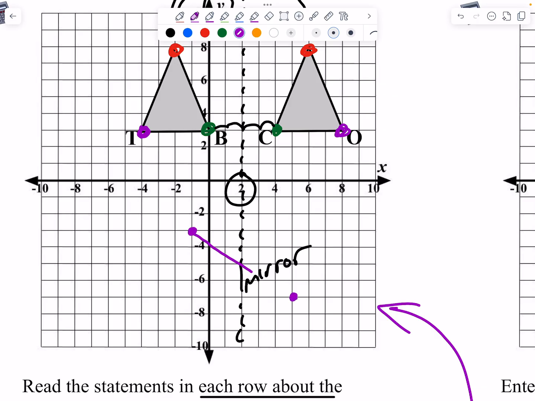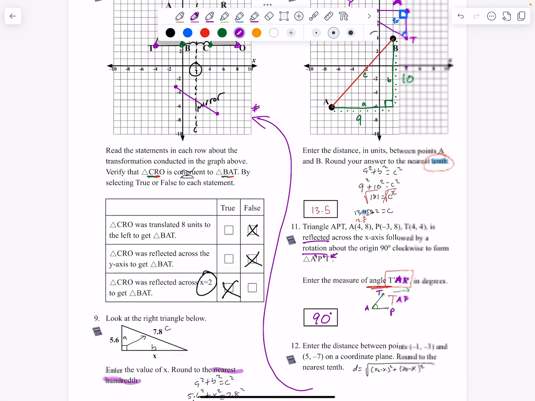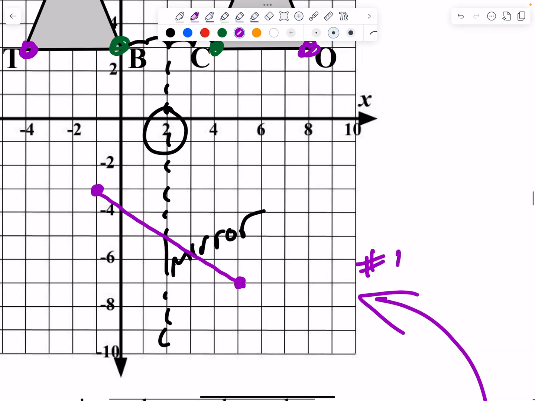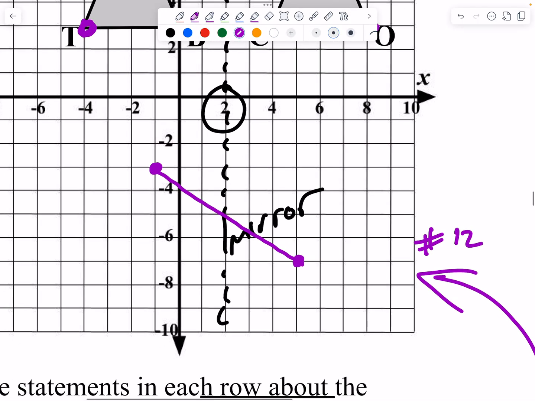So my job is to find the distance for here, okay? And this is number 12. So what do I do with this? I just got to make it into a right triangle. There's my right triangle. A squared plus b squared equals c squared. So 1, 2, 3, 4. 1, 2, 3, 4, 5, 6.